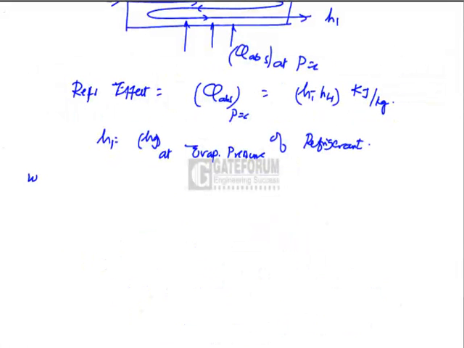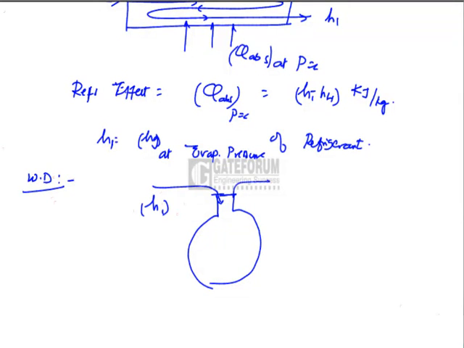Now, work done. Into the compressor, refrigerant is entering at an enthalpy of H1 and leaving at an enthalpy of H2. Compressor is driven by the motor. S is constant.